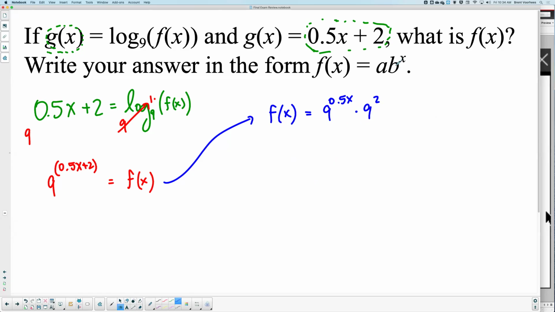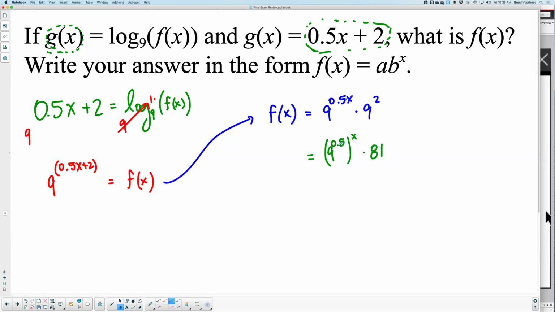Now I've almost got it in the correct form. Getting close. Also, I didn't do this. Power to a power. Well, I'll just do it in the next step. Now what I can do, when I have power to a power, I can do 9 to the power of 0.5 raised to an x. If your exponents are multiplying, you can raise that to a power like that. Times, do y'all know what 9 squared is? 81.